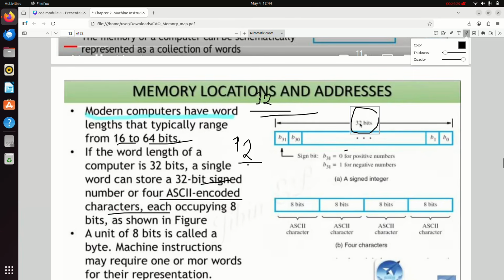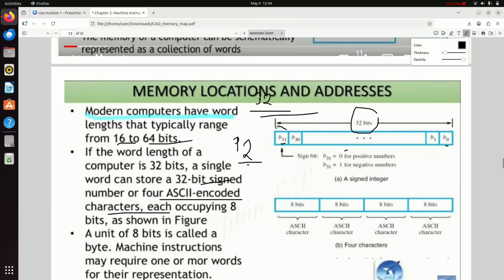As it is 32 bit, the last one would be bit 31, because we start from 0: B0, B1, like that. So it can be represented in the form of a 32-bit signed number.